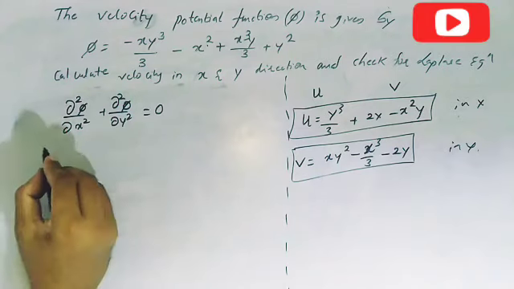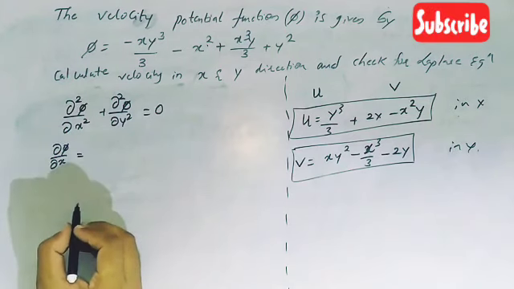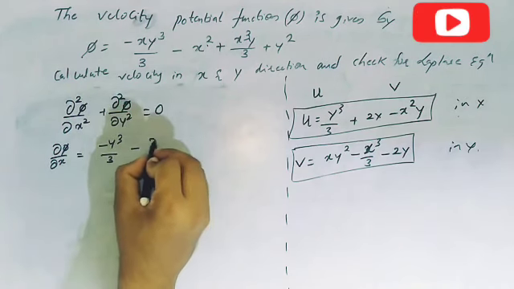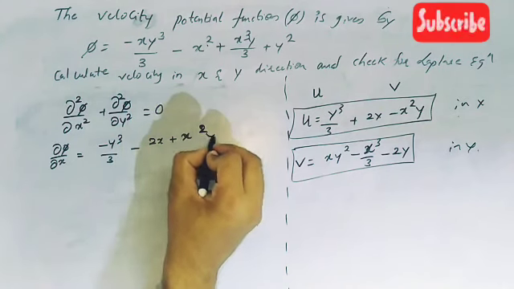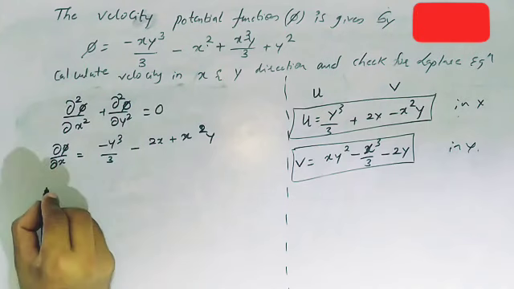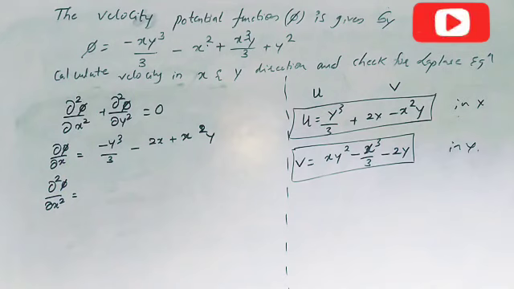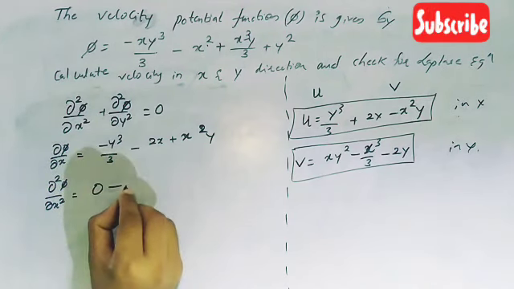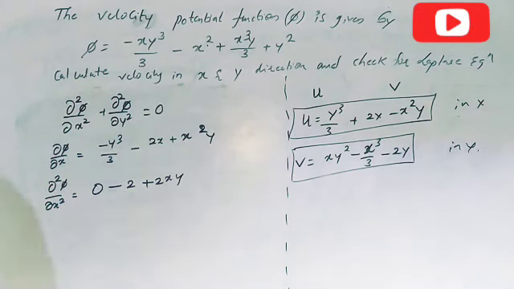Now we have dou phi by dou x, that is minus y cube by 3 minus 2x plus x square y. This is very heavy. Then again differentiating this term with respect to x, it will be 0 minus 2 plus 2x y.